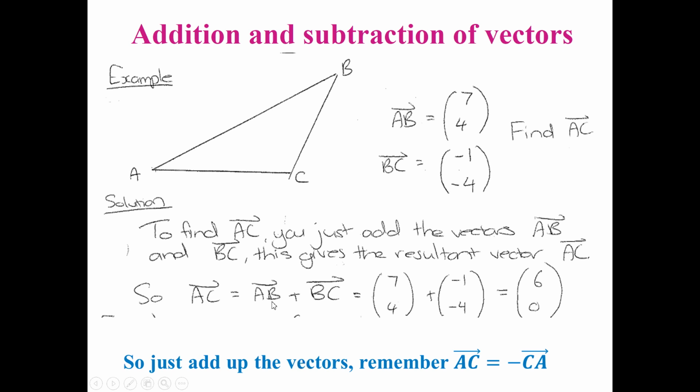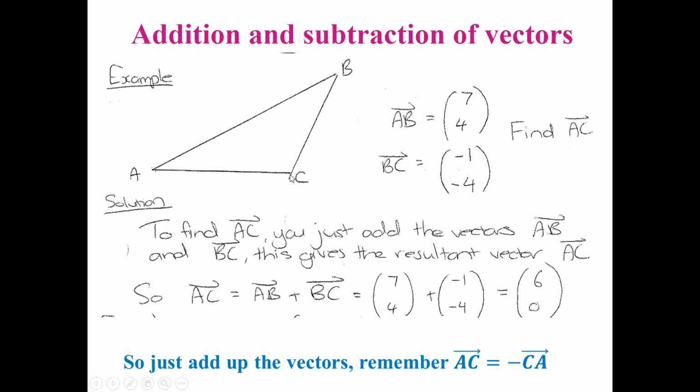So notice with vector addition, we haven't been told what AC is, so to work it out, we have to use the information we've been given. We've been given AB and BC. So we can add those two together to get the resultant vector, which is AC. Remember that the vector AC is the same thing as the negative of CA.